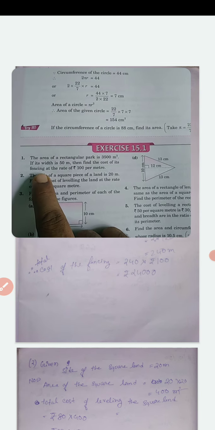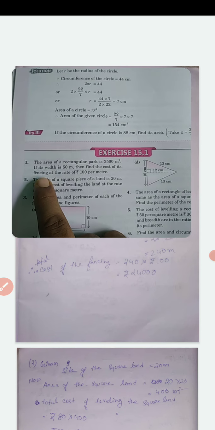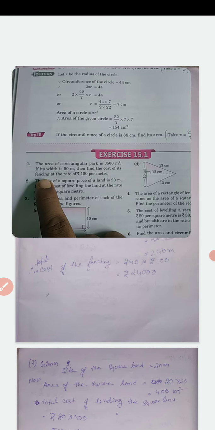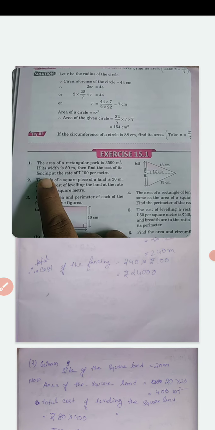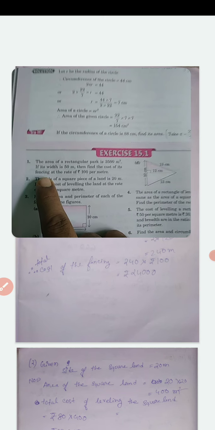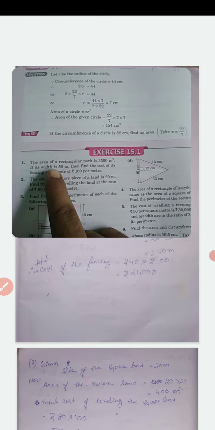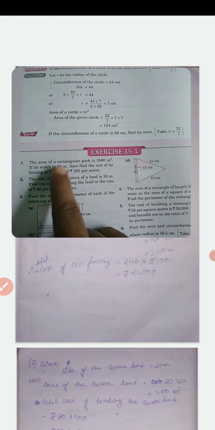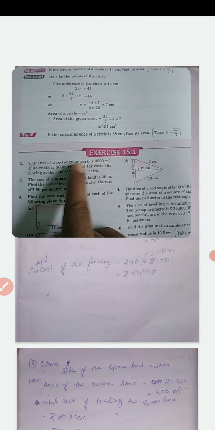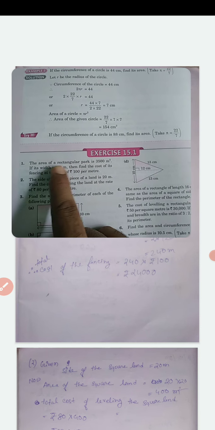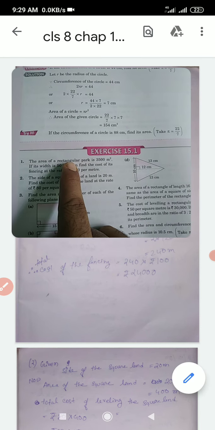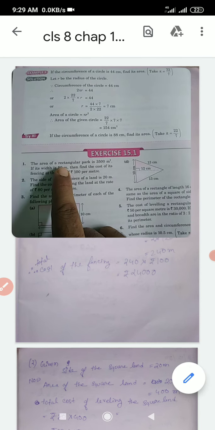So fencing, whenever we are giving fencing in our own home, we are giving fencing where? On the boundary sides. That means we have to find out the perimeter. We don't need the area here, but from the area we have to find the length, since breadth is given. The area of a rectangular park is length into breadth.